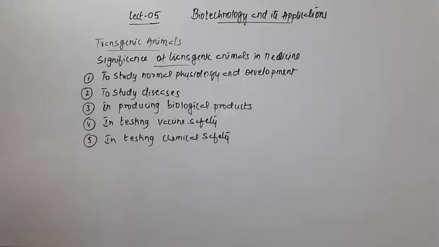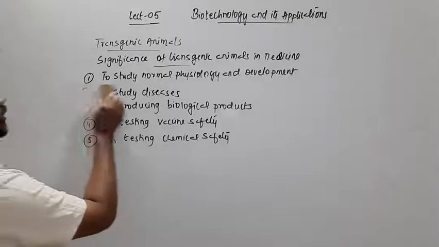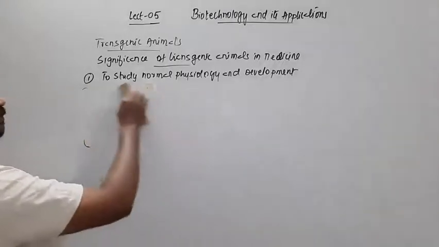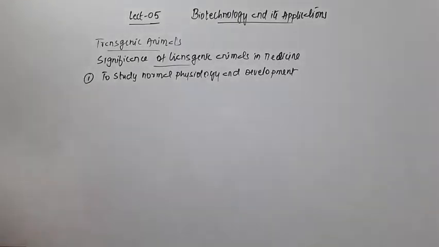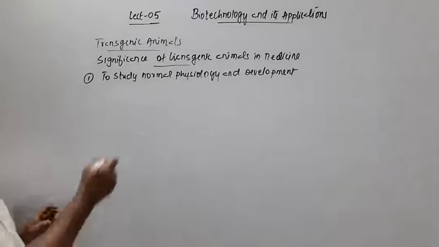So in this session, I'll discuss each of these headings in detail. So the first one, let's see, to study normal physiology and development. In this case, these transgenic animals are actually designed to allow the study of how genes are regulated.